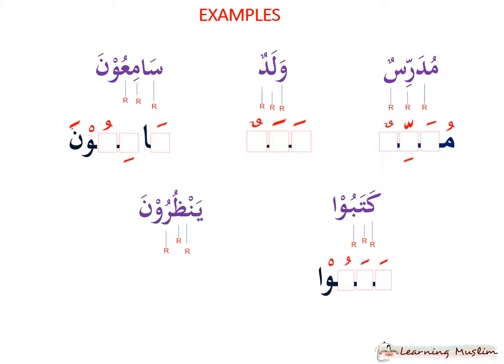The root letters are Nun, Zha, and Ra. In the dictionary, it means the idea of looking. This pattern يفعلون, which ينظرون is upon, gives the meaning of they, many males, are doing the act of the root letters. So the act of the root letters is to look. So ينظرون means they, many males, are looking.